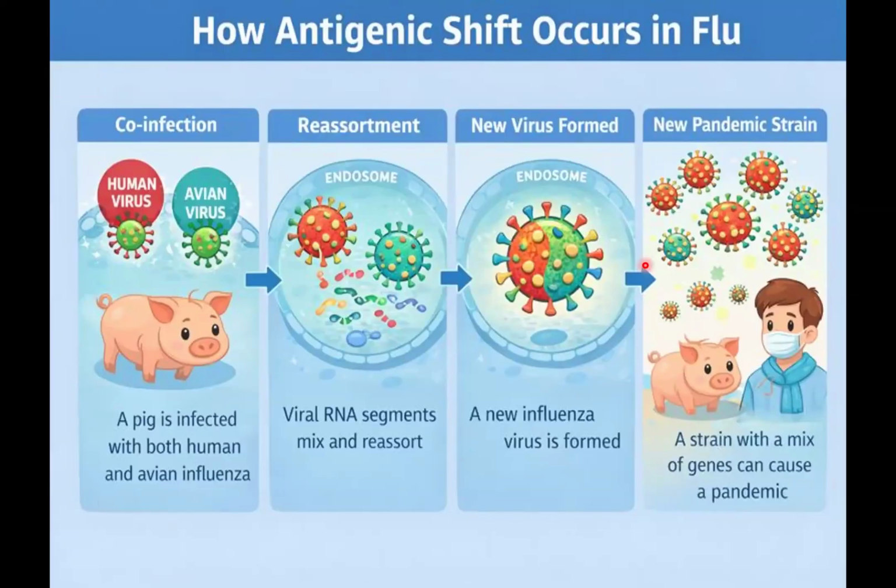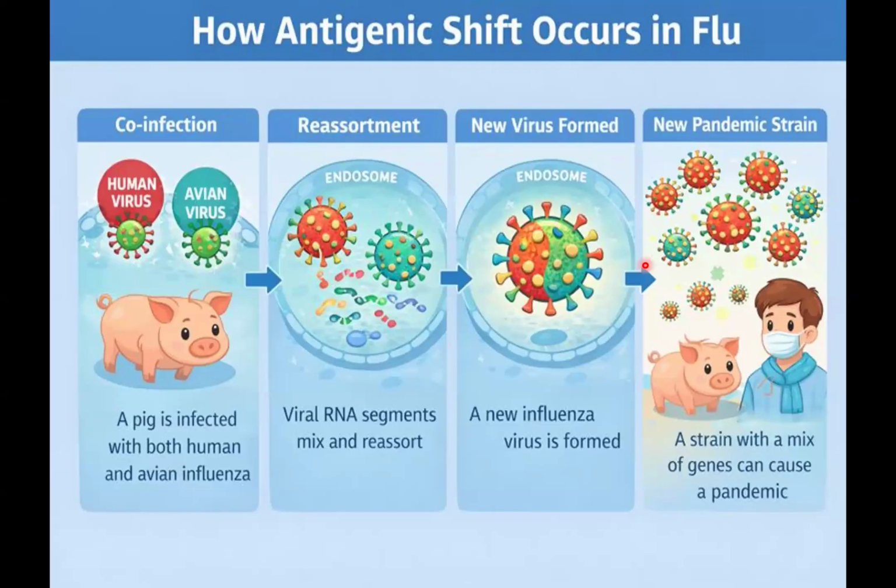In the course of production, they produce a new offspring, which is far different from the main parent. Because it's totally different from the main parent, there is no immunity at all in our system against these viruses. As such, they spread very quickly and cross international boundaries very fast. And this normally leads to pandemics.